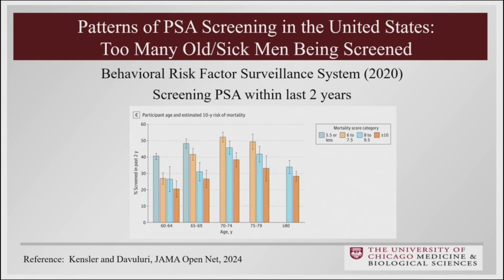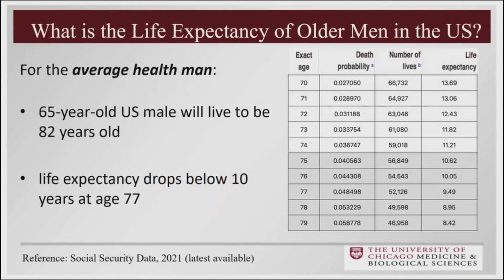And this is just a way of showing whether they're healthy or unhealthy based on estimated mortality rates. The take-home summary is there's a lot of guys that are older, unlikely to live more than 5-10 years, that are still being screened, and we can do better. I like this data. I'm a numbers person, but you think of kind of average life expectancy of a US man.